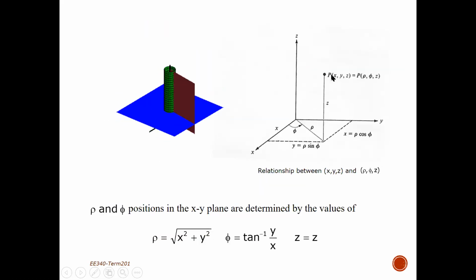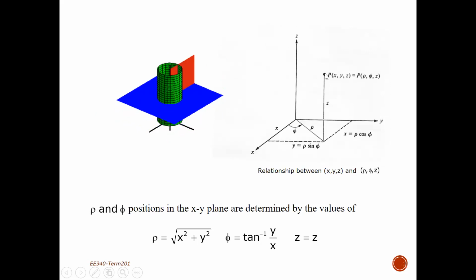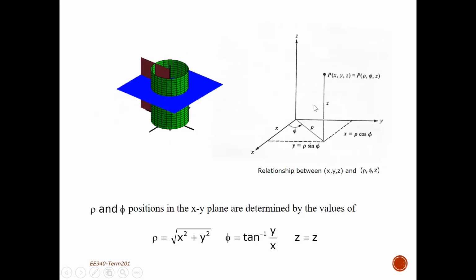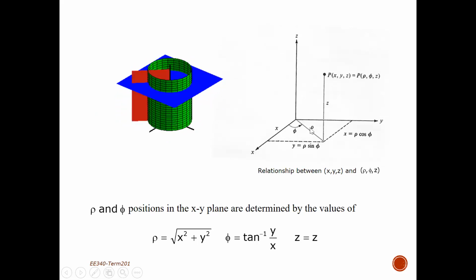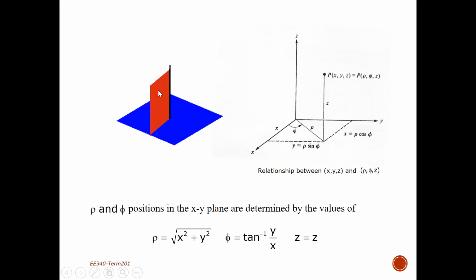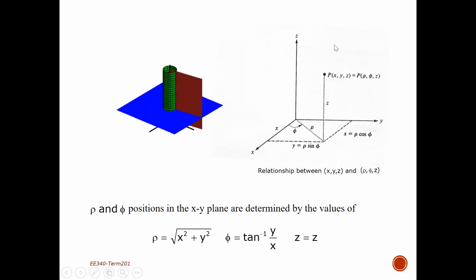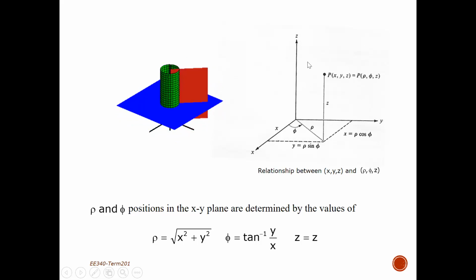If you want to identify any point here, its distance from the origin to this point is nothing but rho. And that rho is the radius of this cylindrical surface, because this point is on the cylindrical surface.